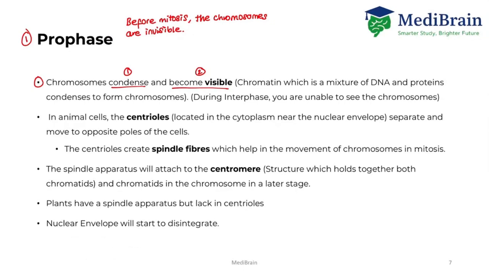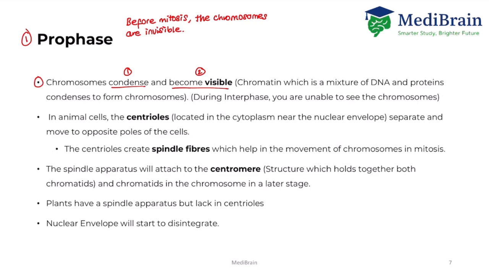Okay. Now, before we have mitosis, before prophase, this is something that you don't really need to know. I've just added some extra information there. Chromatin, which is a mixture of DNA and proteins, condenses to form chromosomes. So the reason why you can't see the chromosomes before mitosis occurs is because the chromosomes are in a format known as chromatin.